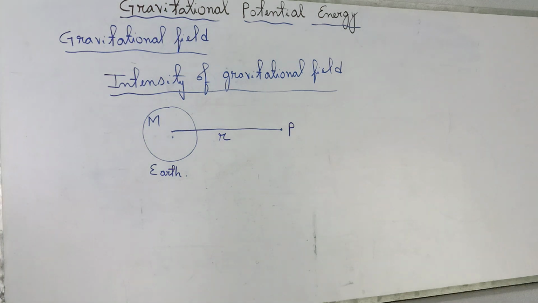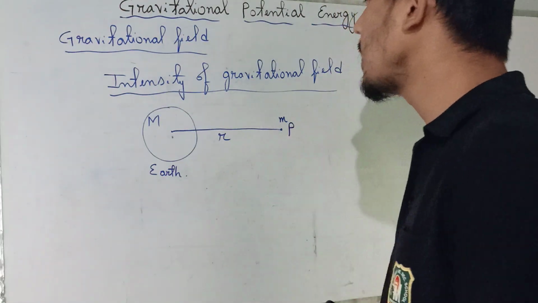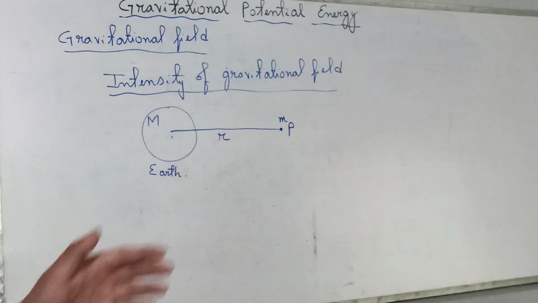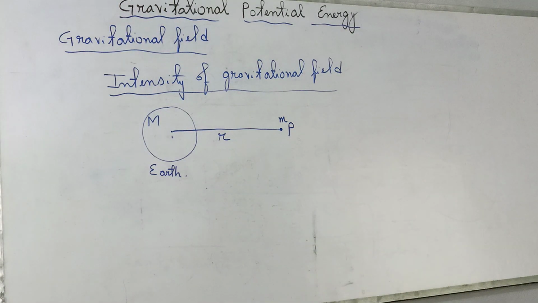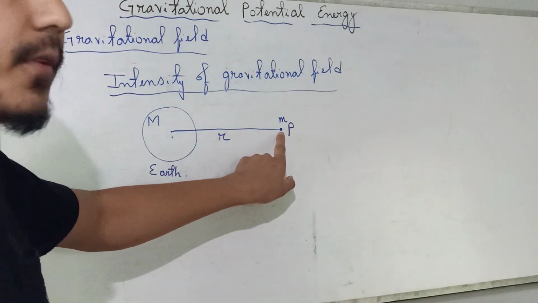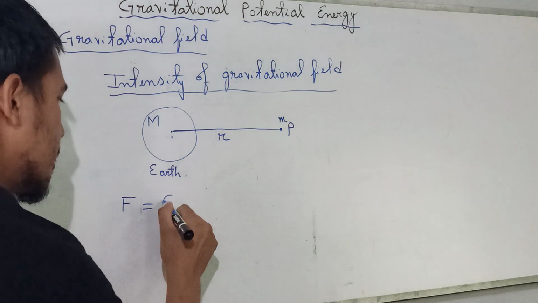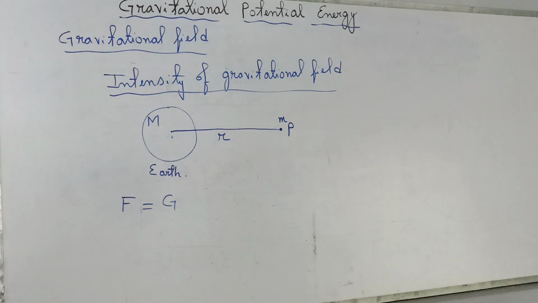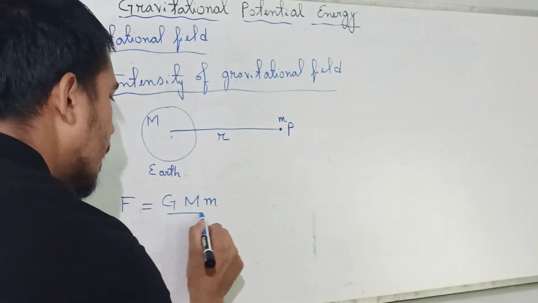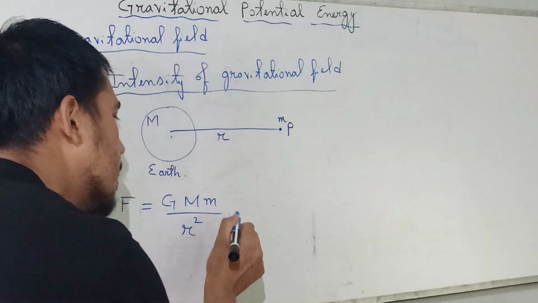Okay, so we are going to place a test mass, say m, at the observation point P. Now, according to Newton, the force of attraction between the two bodies, between the Earth and the test mass having mass small m, is given by G, here G means the universal gravitational constant, into the product of the masses of the two bodies, so capital M into small m, by square of the distance between their centers, so that is r squared.